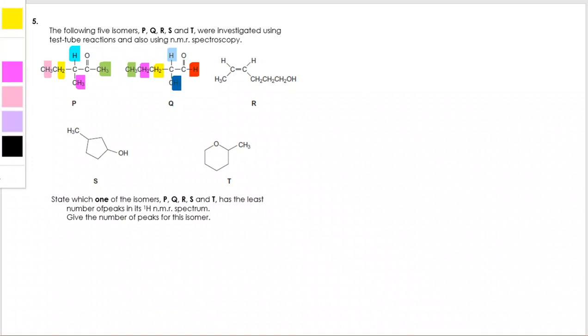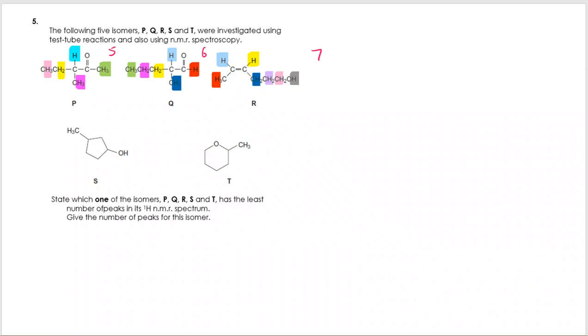If I move on again, you can see that I've got 1 here, I've got another 1 here, and another, and another, and another, missed one in the middle, and another, and finally 1 here. So I've got 1, 2, 3, 4, 5, 6, 7 peaks. So let's count those up so far. I've got 5, I've got 6, and I've got 7.